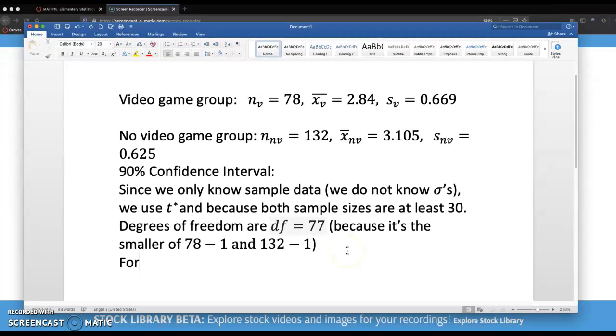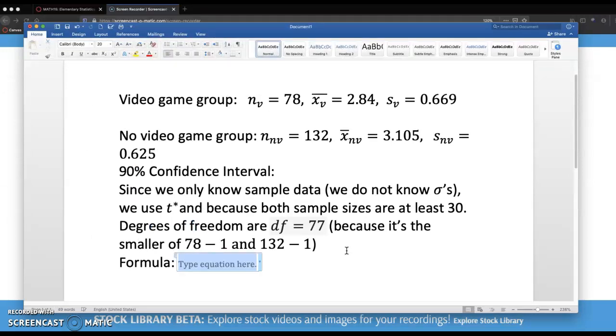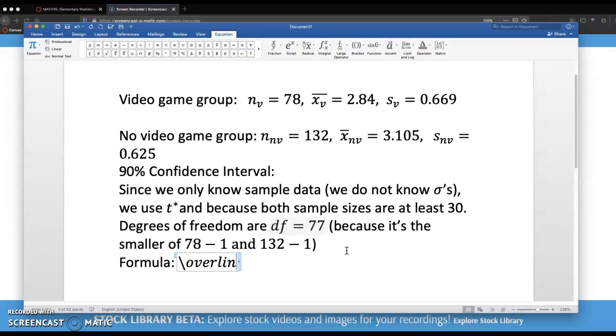All right, so then the formula says we're going to take the difference of the two means.